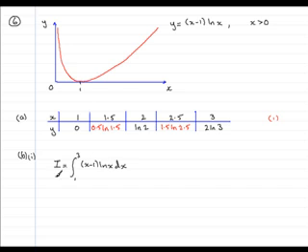We're asked to use the trapezium rule with values of y at x equals 1, 2 and 3 to find an approximate value for I to 4 significant figures.